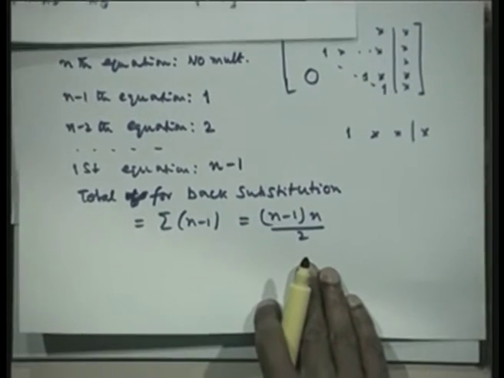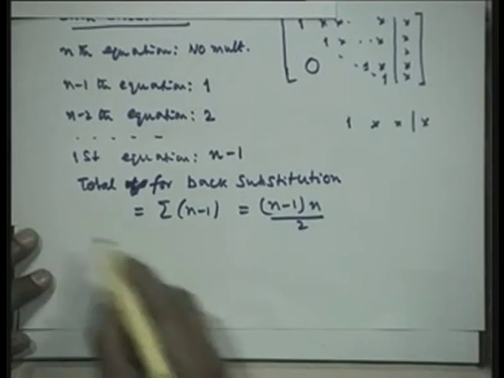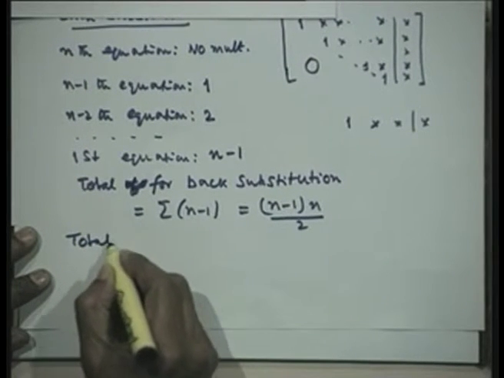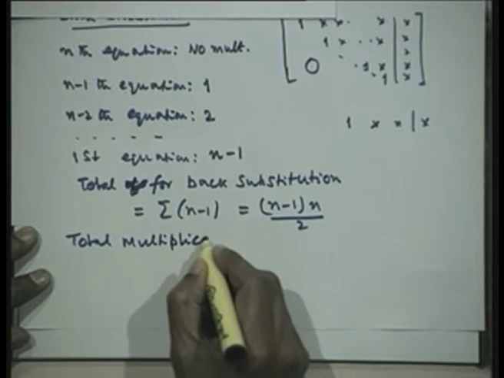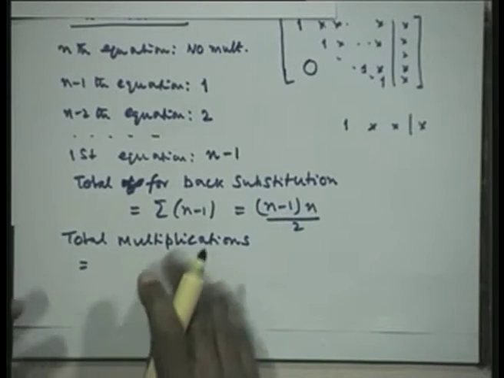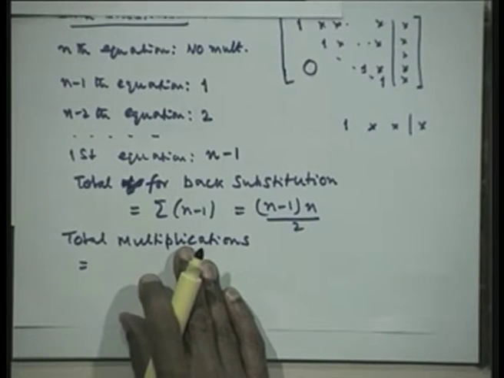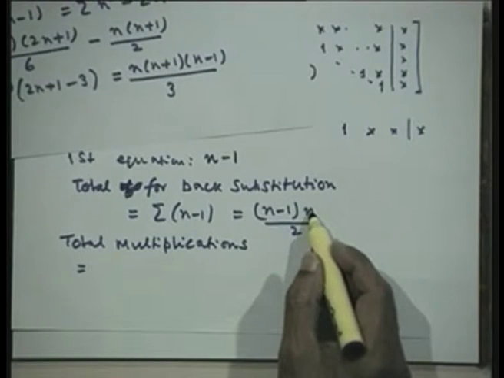Now, we have completed the count. So, let us now write down the total multiplications. The total multiplications here, that is the total for forward elimination plus total for back substitution.